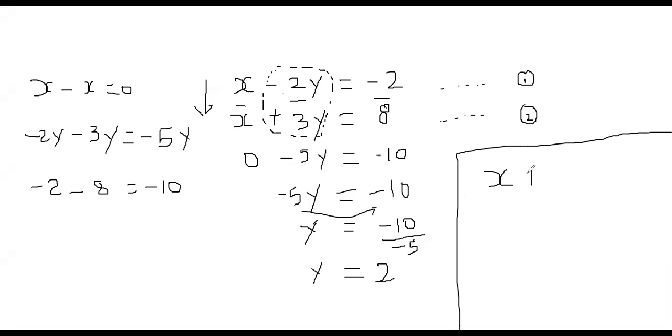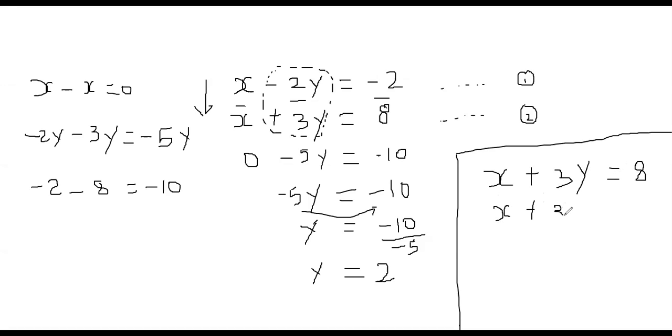Some people can choose equation 2, some can choose equation 1, no problem, right? We should end up with the same answer. Wherever we see y, we substitute 2 for it.